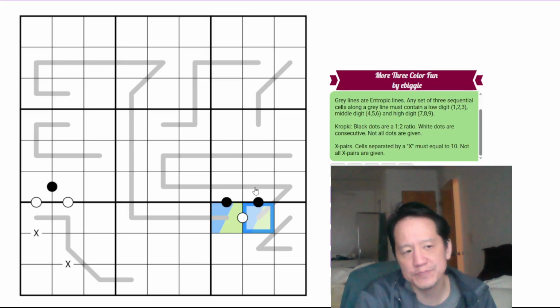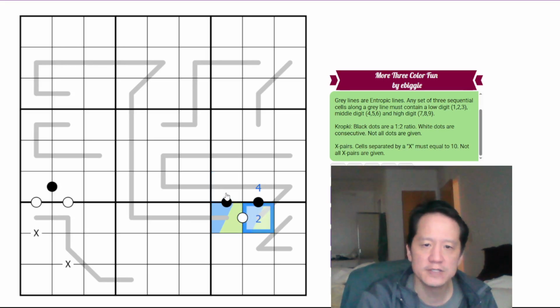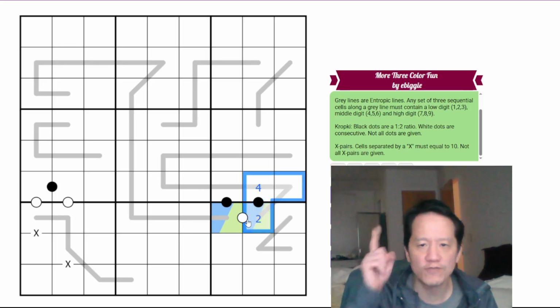This can be 2 here and 4 here. If this is 2 and 4, that would mean this is also a low. So whatever digit is here is the same set as this digit, because every 3 digits have to be 1 from each set.